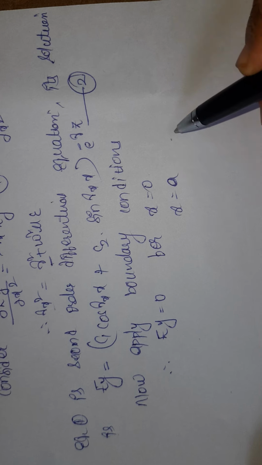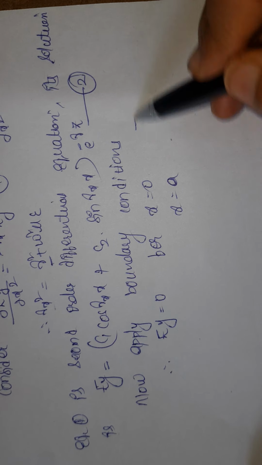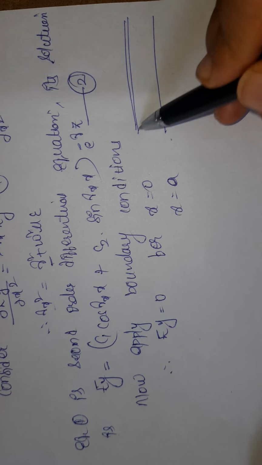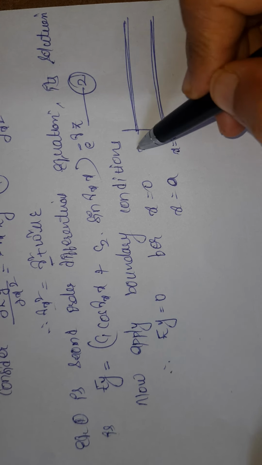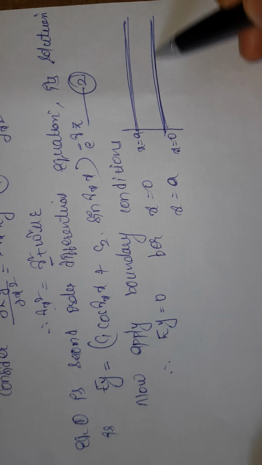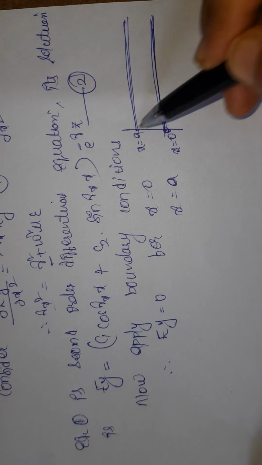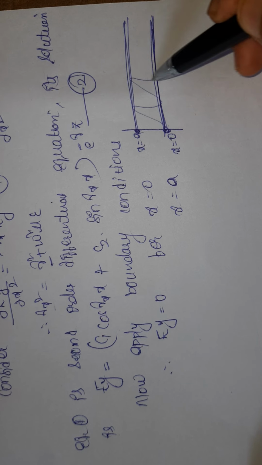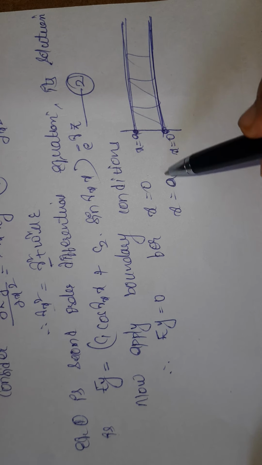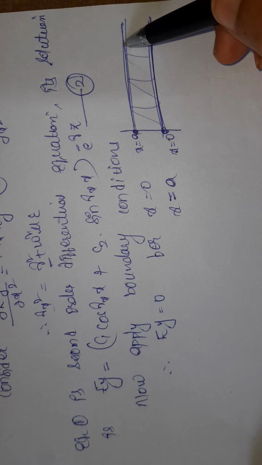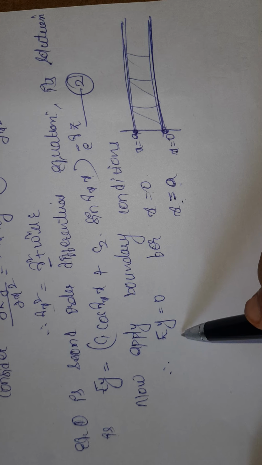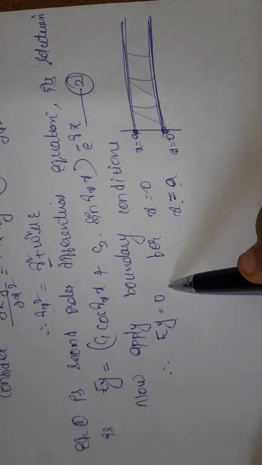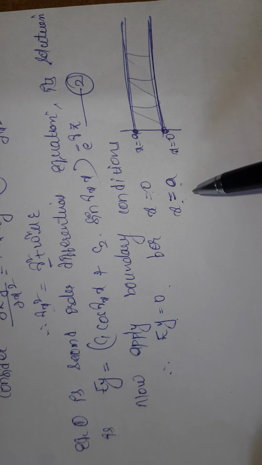As we already know, in the parallel plane waveguide the wave is restricted along the x direction, with the boundaries x is equal to 0 to x is equal to a. So we apply the boundary conditions for the tangential component of electric field intensity: Ey equal to 0 for x is equal to 0 and x is equal to a.